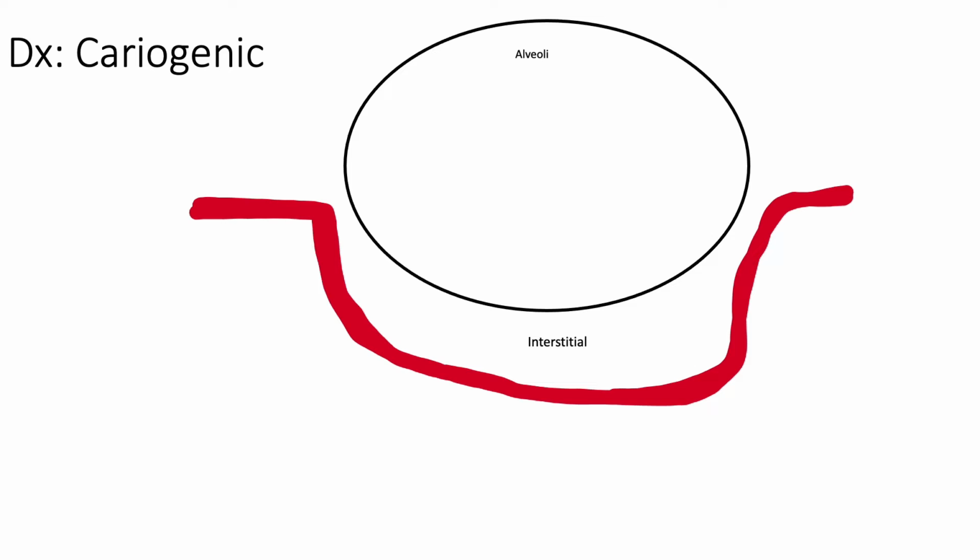Then as that hydrostatic pressure continues to increase, we're going to get fluid in the interstitium. Okay, so interstitial pulmonary edema. Last, we're going to get the pulmonary edema of the airways themselves, the alveolar pulmonary edema.